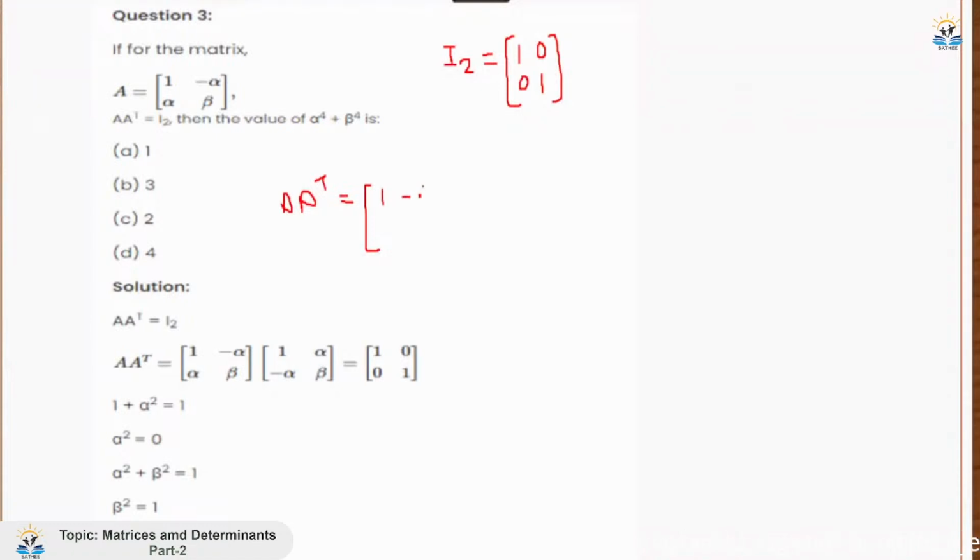1 minus alpha, alpha, beta, and 1 minus alpha, alpha, beta. Actually, I need to write the transpose. So I need to remove negative signs.